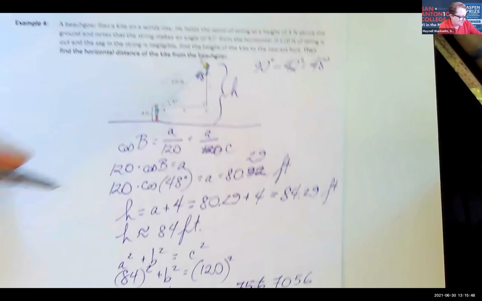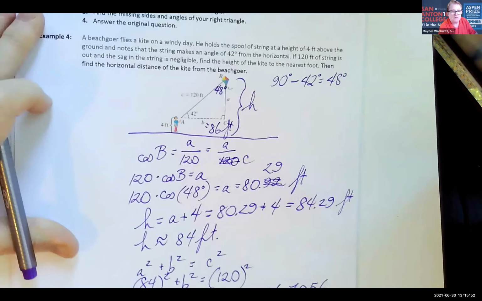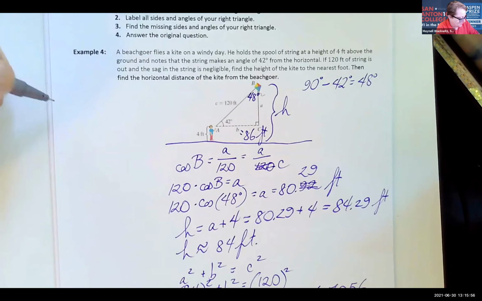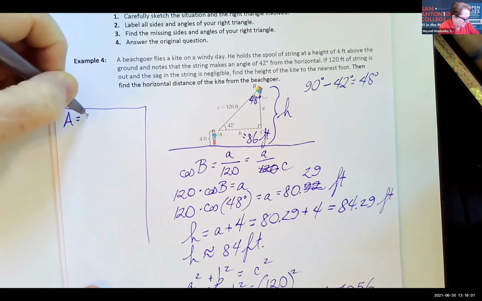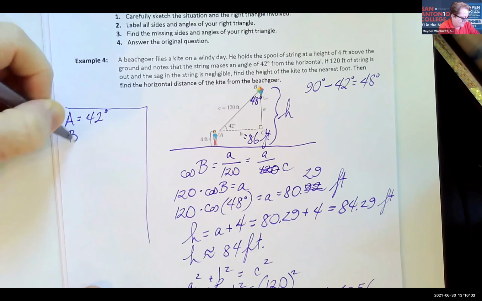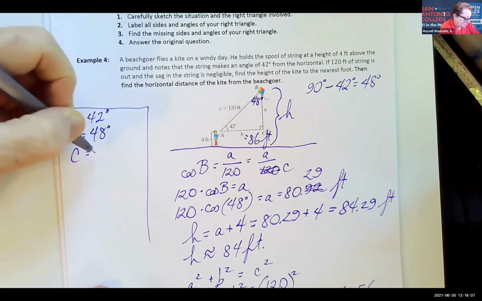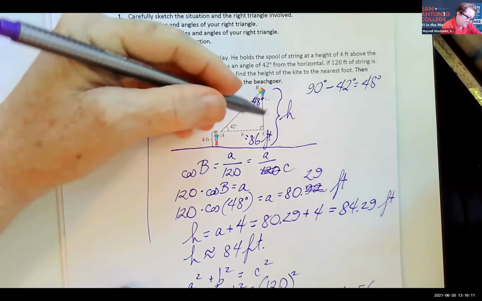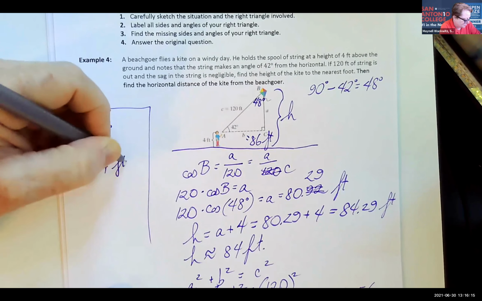Great. Now I want to check. We've got all the information. We know little a. I'm going to put it neatly somewhere. So angle A is 42, angle B is 48 degrees, angle C is 90 degrees. Little a, we found to be approximately 84 feet.